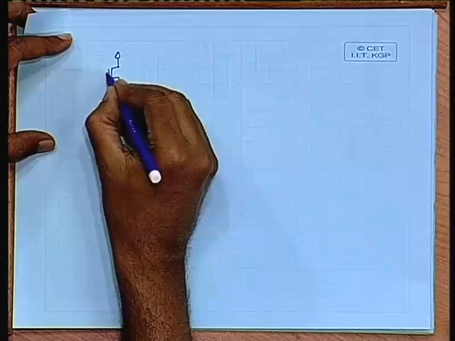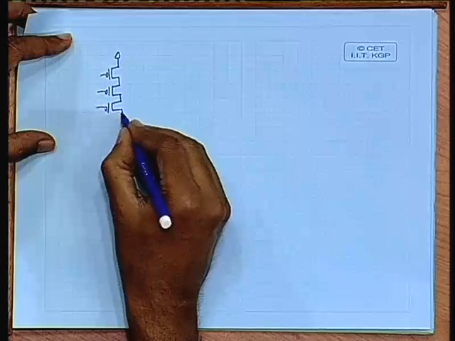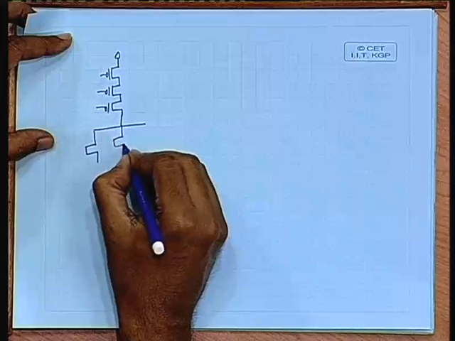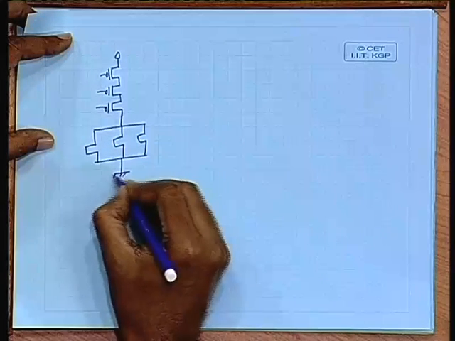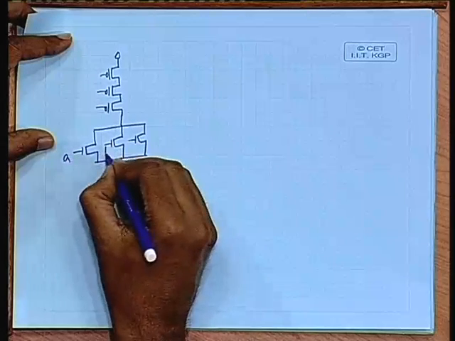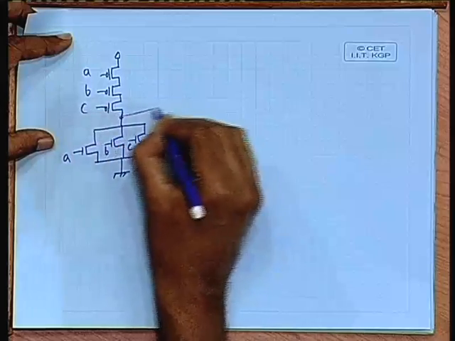These are the 3 PMOS transistors and the 3 NMOS transistors are in parallel out here. So, we have A out here, B out here, C out here, A, B, C, and this is the output.